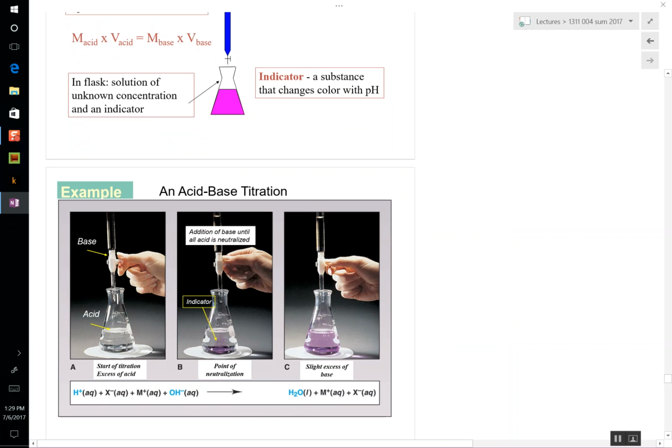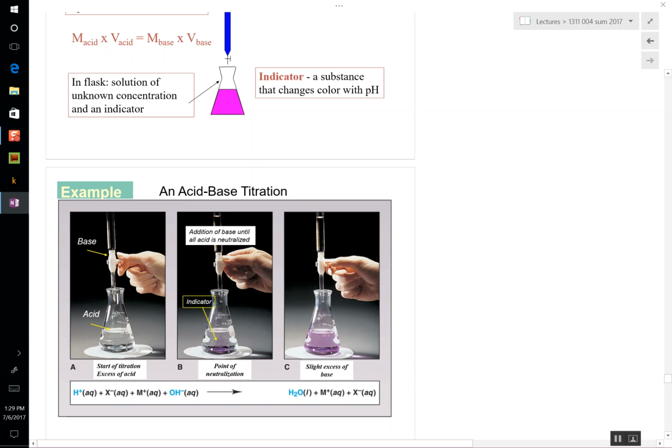So if your initial reading was right at the top of the burette, and you get to the point where the color lingers, you're at the end point, you find out that you have delivered 21.50 milliliters of that base into the flask. You got your end point.